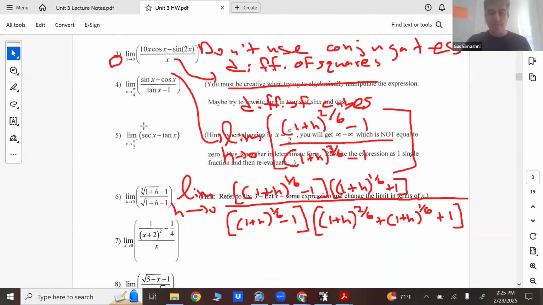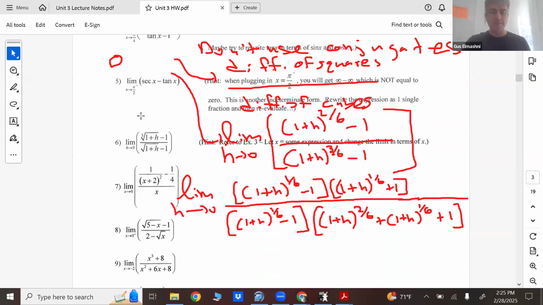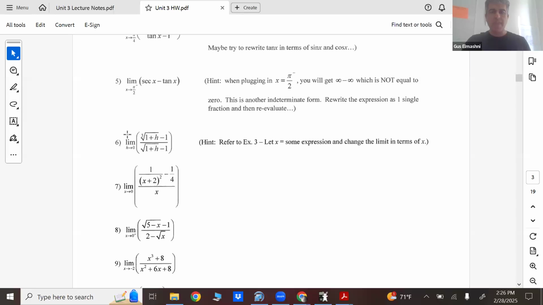Now, for 5, that one you have to kind of think about graphically, I think, or numerically would be the best way to do this one. Number 5. Do you have an answer key for this? I do not actually.